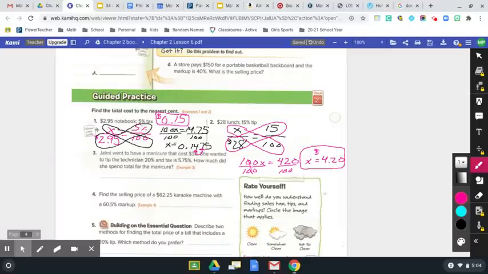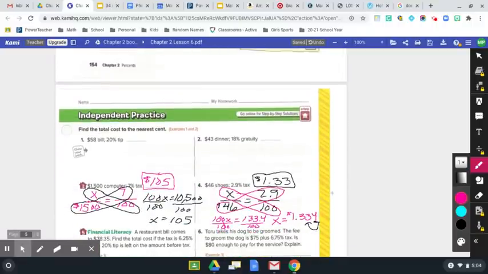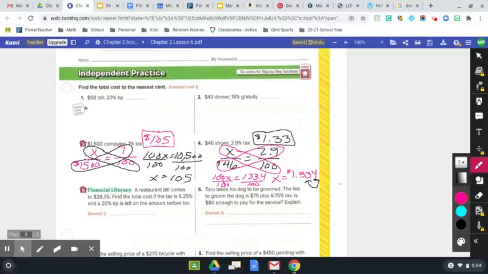Let's try another one. So again, I'm going to go to another page. We're going to look at independent practice. So 155. Okay, so number 1, you're going to have a $58 bill at a restaurant, and you're going to leave a 20% tip this time. So let's say your wait staff was excellent. They did a fantastic job waiting on you and getting your food on time and so on.